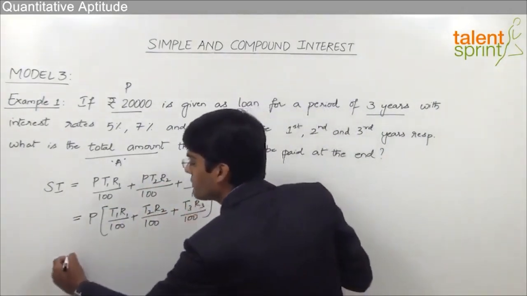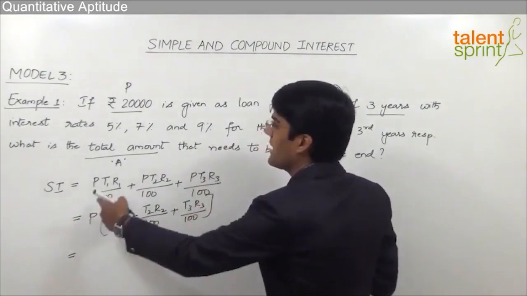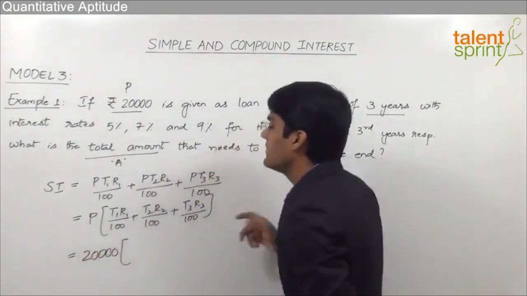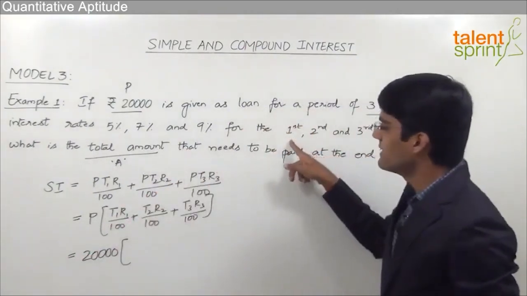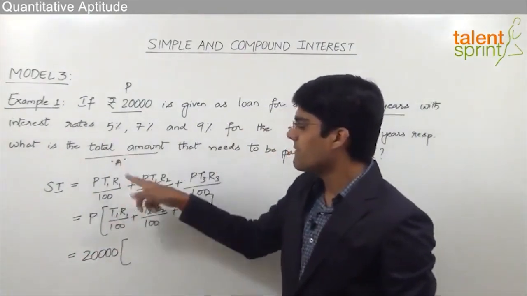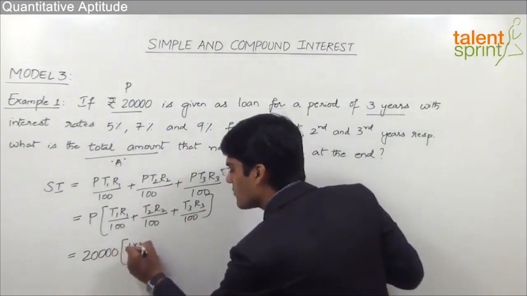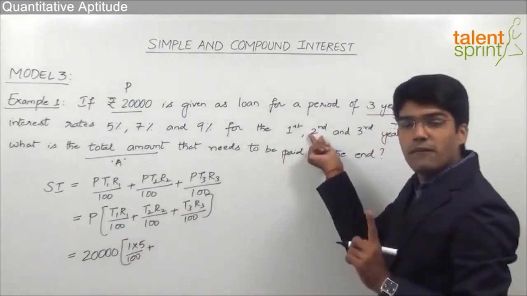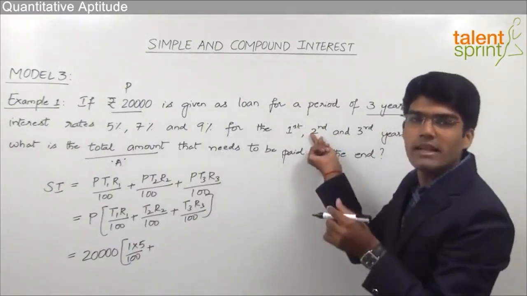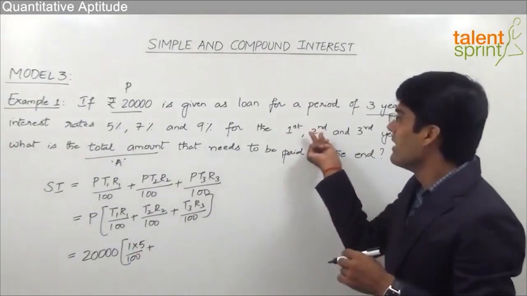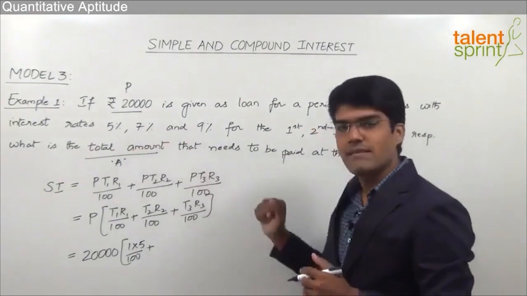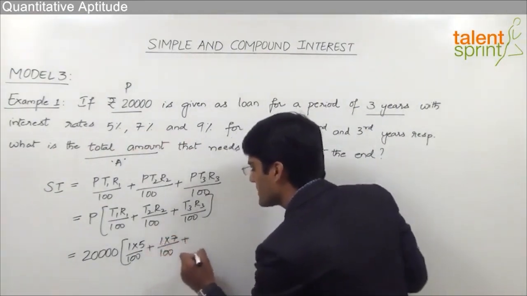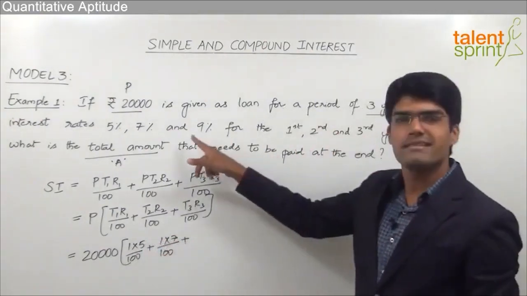Now let us substitute the values to find out the simple interest. The principal as given in the question is 20,000. So 20,000 into T1 is 1 year. For the first year, the rate of interest is 5. So we can take it as 1 into 5 by 100. Then for the second year, only for second year, that means the time period is 1 year. That is the second period here. So for second year, the interest is 7%. So T2 will be 1, R2 will be 7 by 100 plus. Similarly for the third year, the interest is 9%.